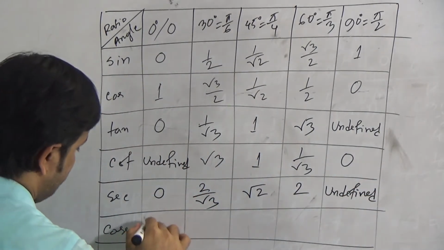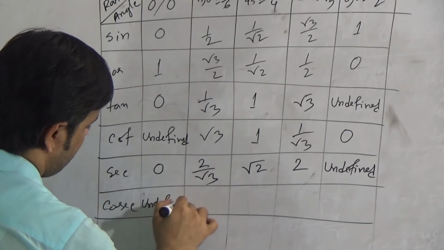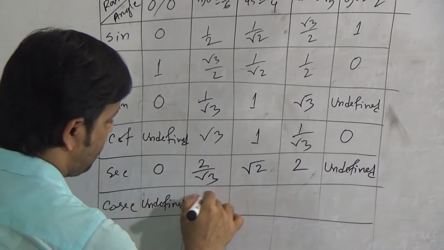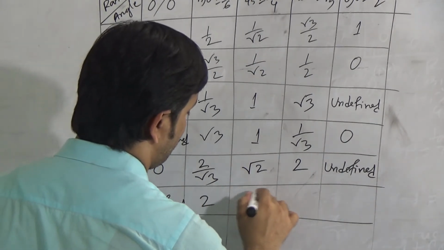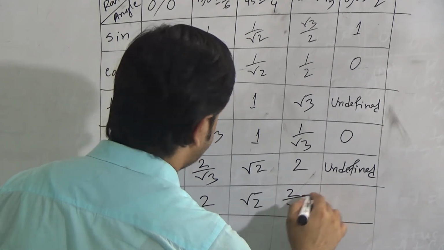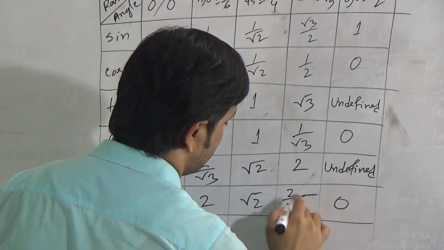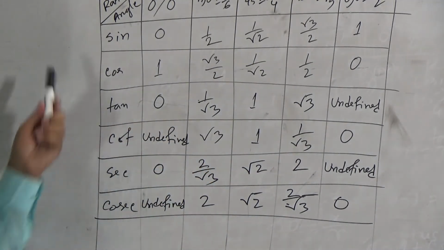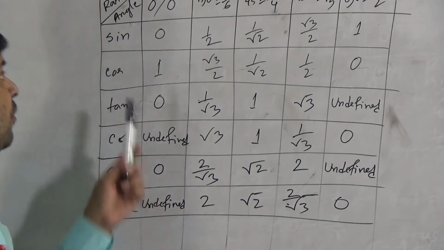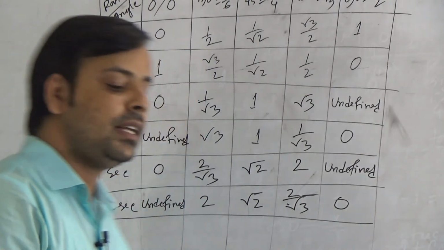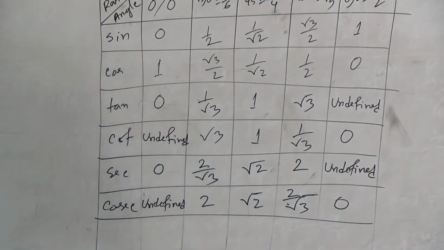Cosec 0 degree undefined, cosec 30 degree is 2, cosec 45 degree root 2, cosec 60 degree 2 by root 3, cosec 90 degree is 1. Okay dear students, these are the values of different trigonometric ratios for angle 0 degree, 30 degree, 45 degree, 60 degree and 90 degree. Now I will show you how to solve the problems in this chapter.